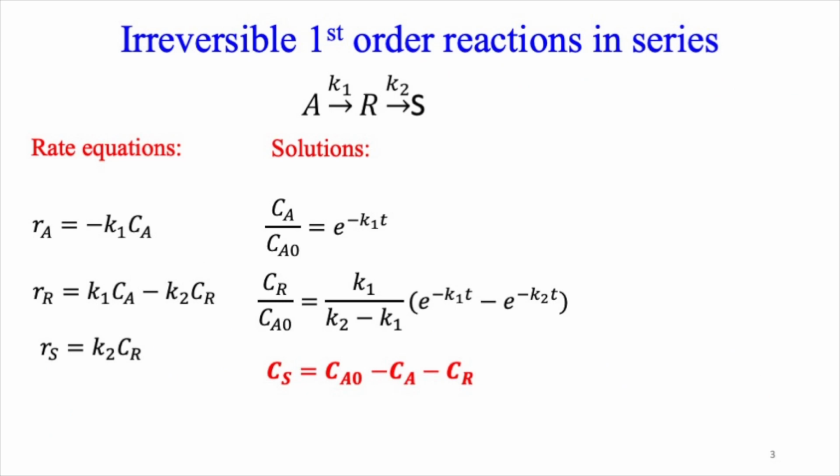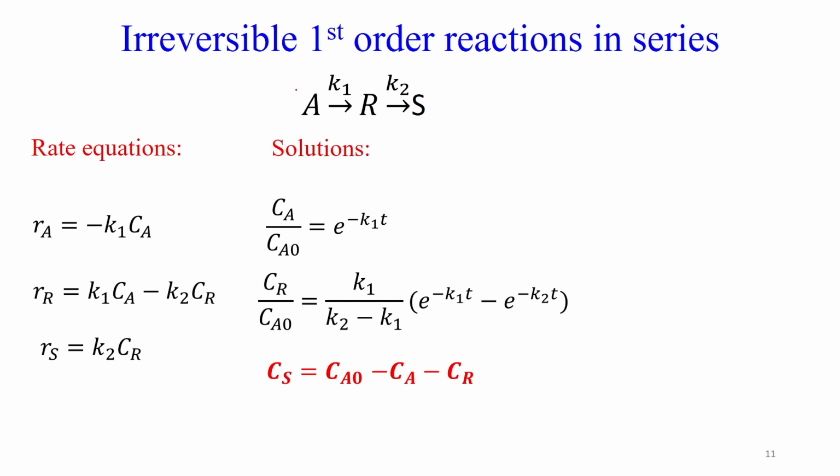So, I have listed, let us say, two very simple equations. First is A converting to R in the first step, and in the second step R is converting to S. Here we are assuming that in the first step the rate of desorption is very slow, or we are just ignoring the rate of desorption, only the rate of attachment is taken.